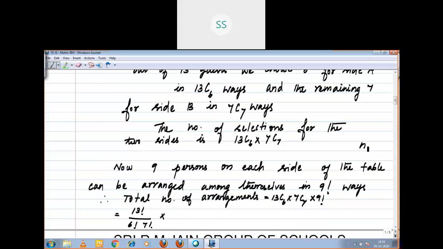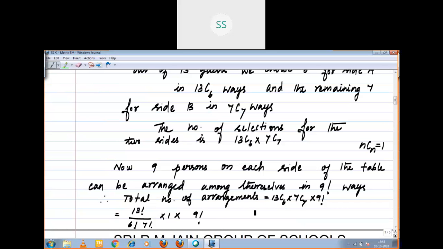What is it? 7C7 is nothing but NCN. NCN equal to 1. Therefore, 7C7 is 1 into 9 factorial.